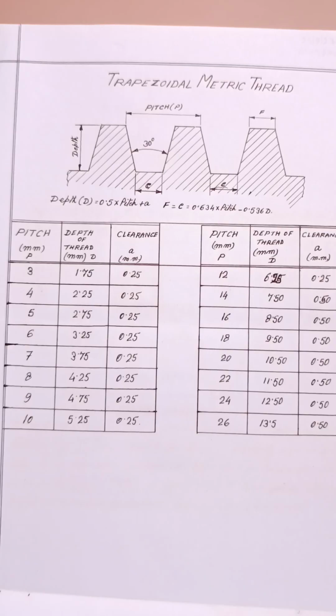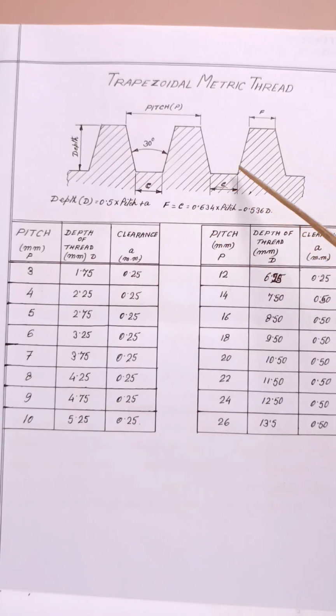So if you engage a nut and bolt of ACME thread and there is no clearance, it will not function properly. That's why slight clearance is always required, and that clearance is a, small a. Given a certain pitch, depth and clearance, you can calculate the sizes F and C.